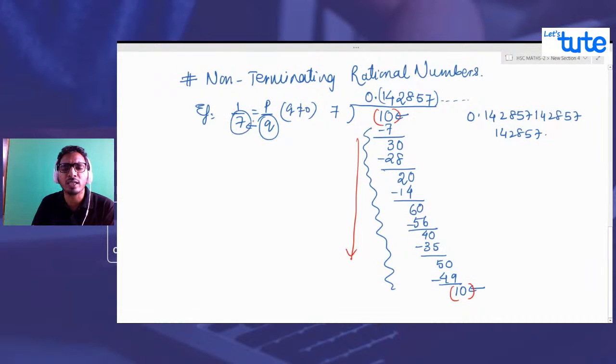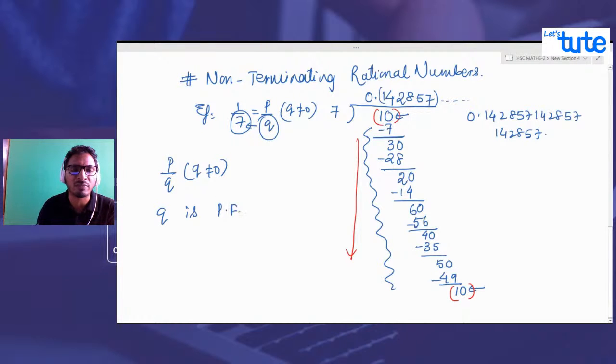So what we can conclude is that if we have a rational number p by q, q not equal to 0, and if q has prime factorization of 2 and 5 only, then it is terminating.